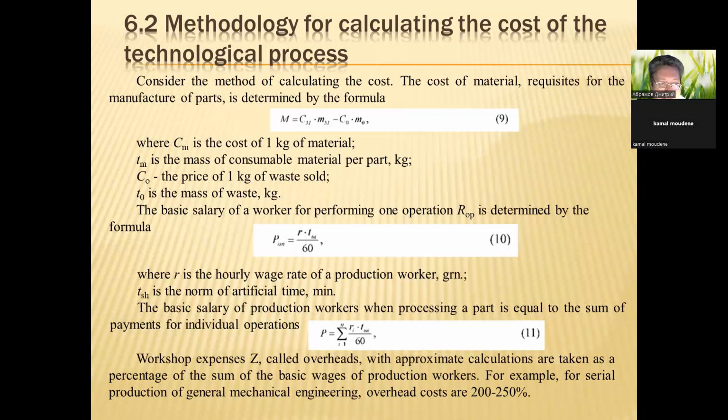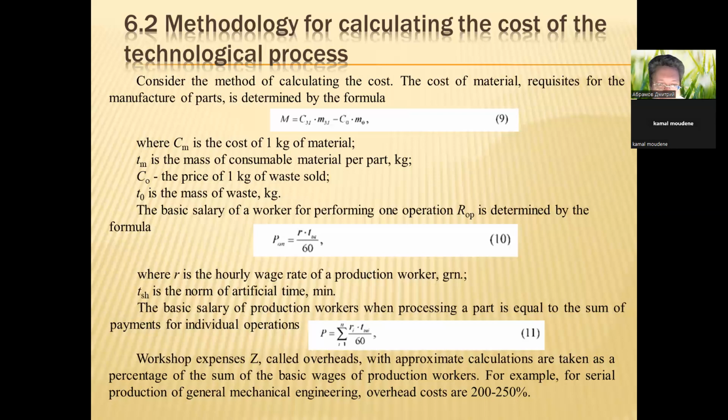C suffix 0 is the price of 1 kilogram of waste. And m suffix 0 is the mass of waste in kilograms.